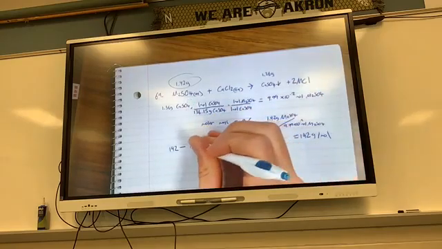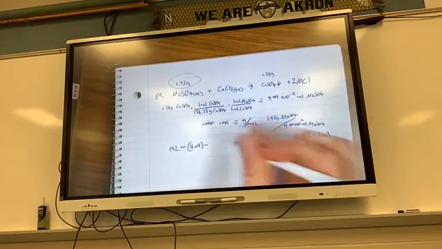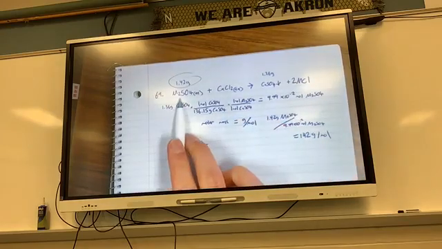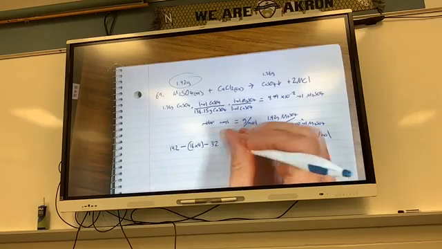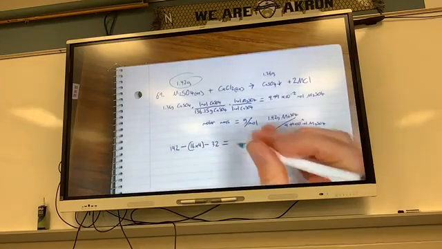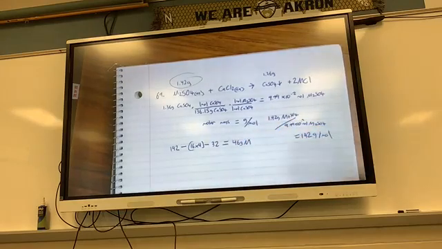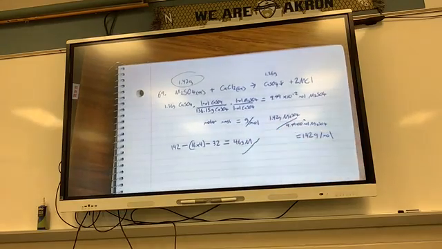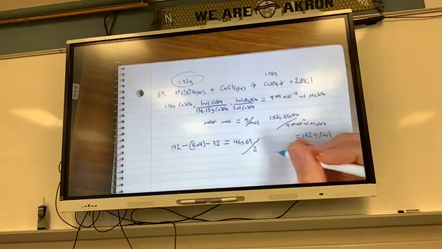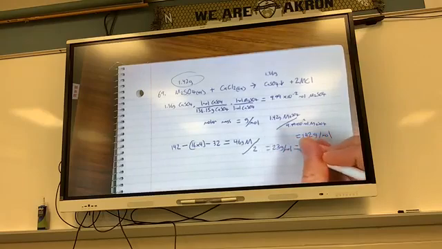So minus 16 times 4, minus, what is the rough mass of sulfur? 32. When you subtract that, you get 46 grams of M. But how many M do I have? So divide that by 2, which equals 23 grams per mole, which is equal to what element?